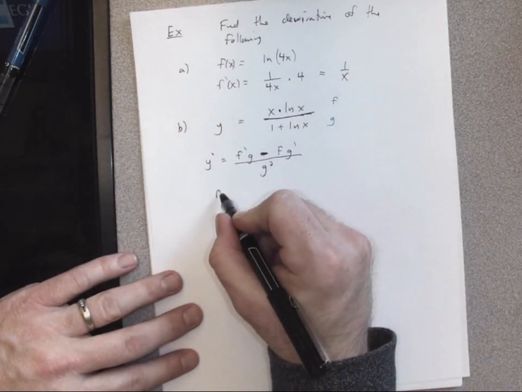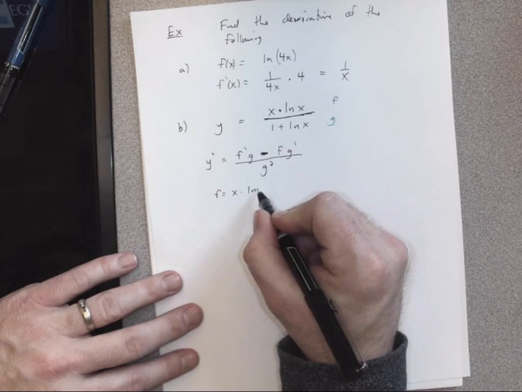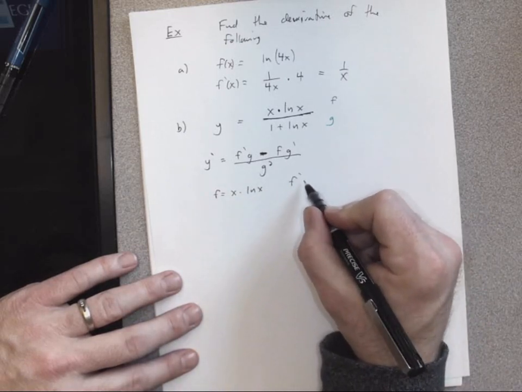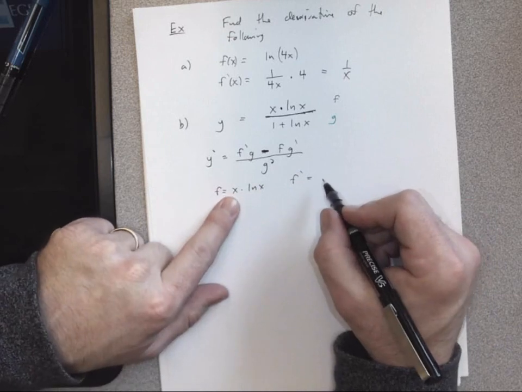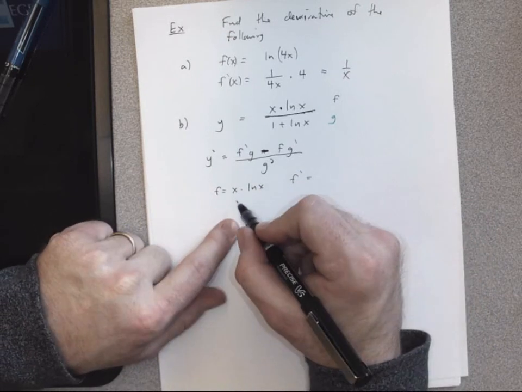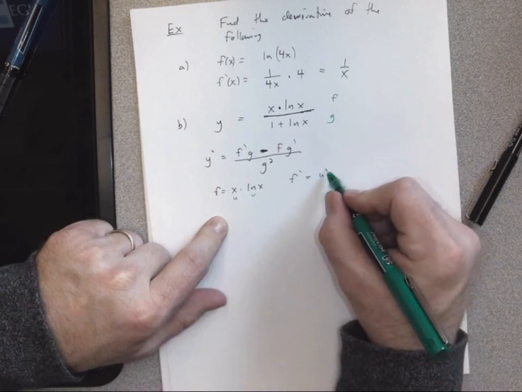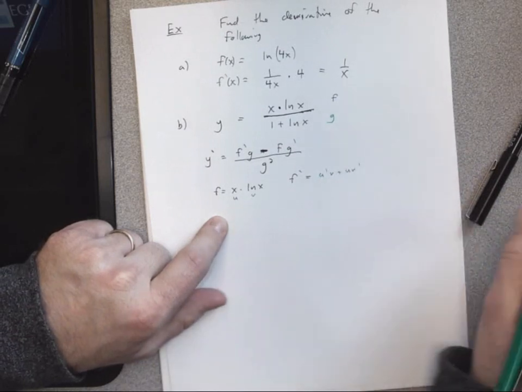So if f is equal to x times the natural log of x, then we know that f prime of x is going to be equal to, well, since this is a product, I have to say that this is going to be u and v. So this is u prime v plus u v prime.